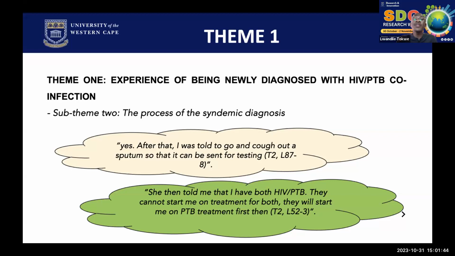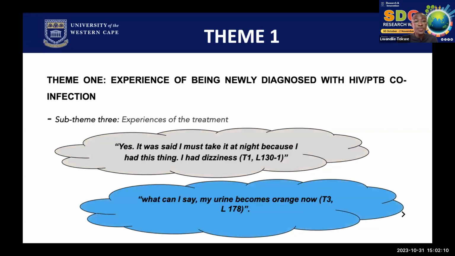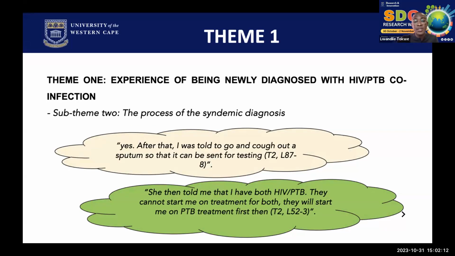The participants verbalized that some were the ones who disclosed to their loved ones, their relatives, their partners, while some of the participants, because of the fear of being rejected by their family members and partners, requested the health professionals to assist them with disclosing their status, both for HIV and pulmonary TB. And these are just some of the excerpts that were used in the study.